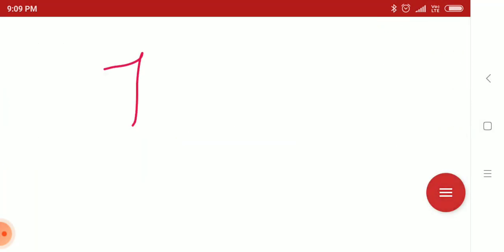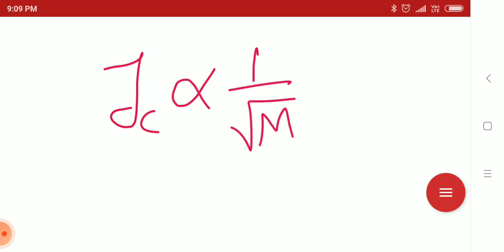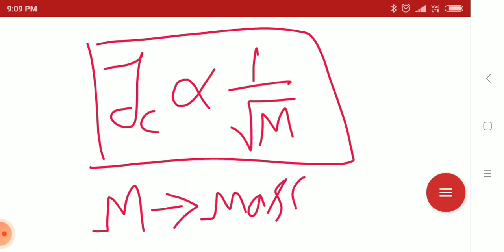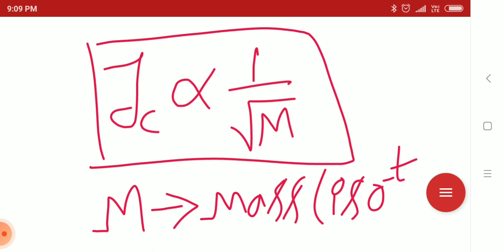Transition temperature varies for different materials, and it is inversely proportional to isotopic mass: Tc is proportional to 1 by root m, where m is the isotopic mass. Isotopic means the Z value is the same but the A number is different. So this is a small thing, this is the isotope effect.